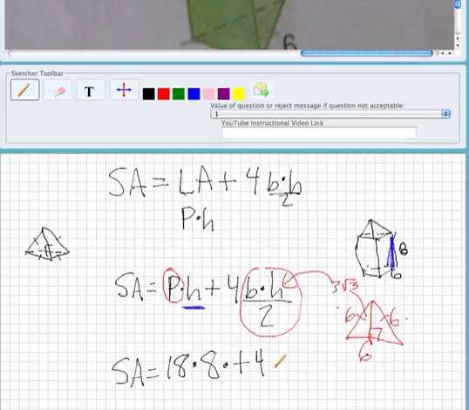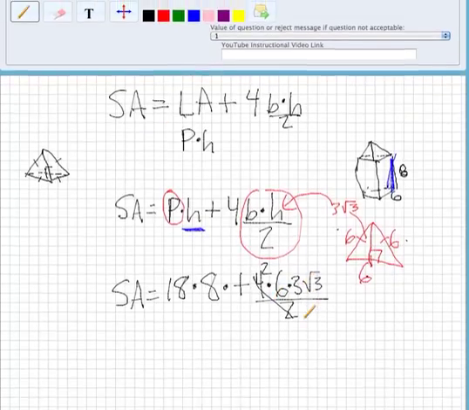4 times base times height. We know the base is 6 and the height is 3 rad 3. So it's all those multiplied together divided by 2. And we can just cancel these out and times this by 2. So now we can plug this into our calculator.